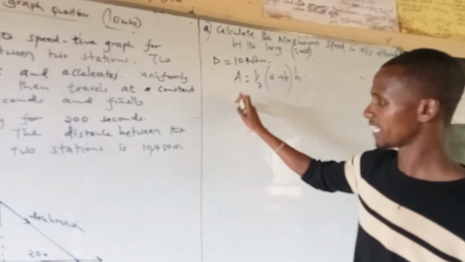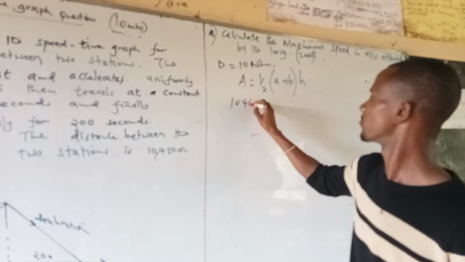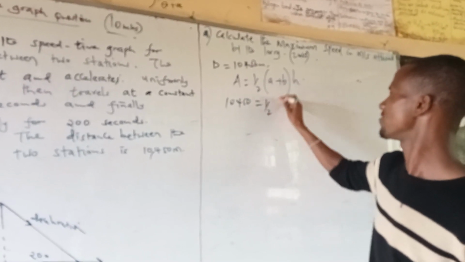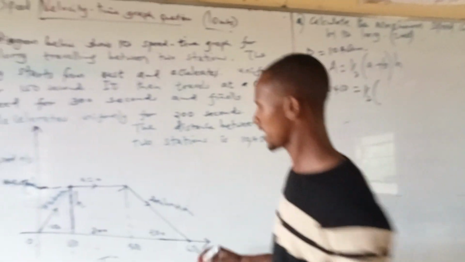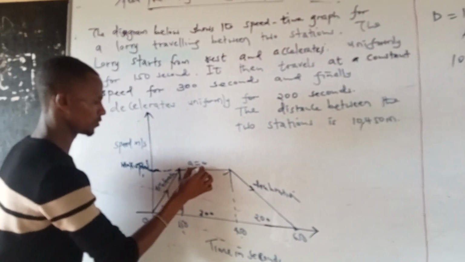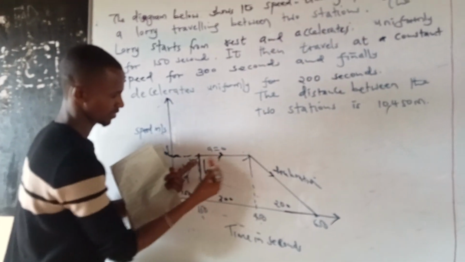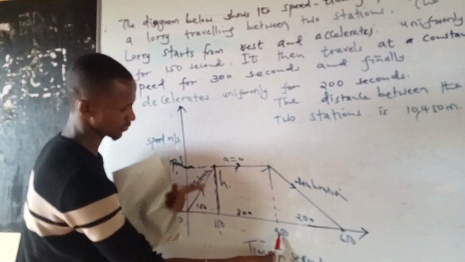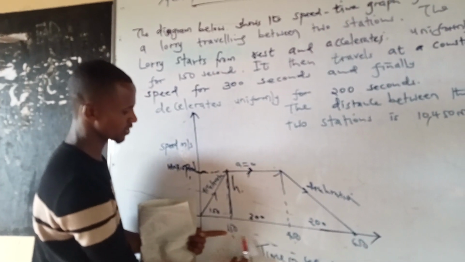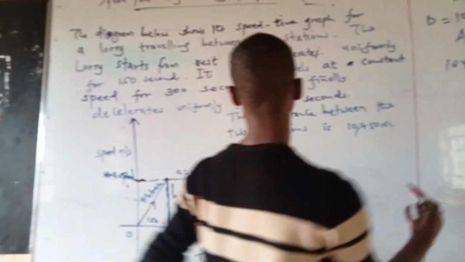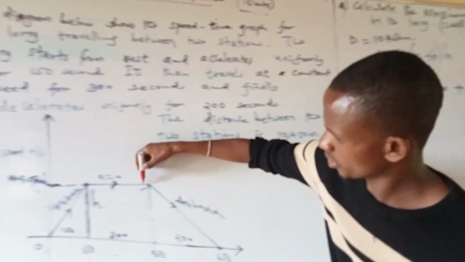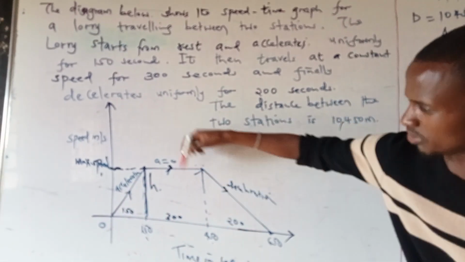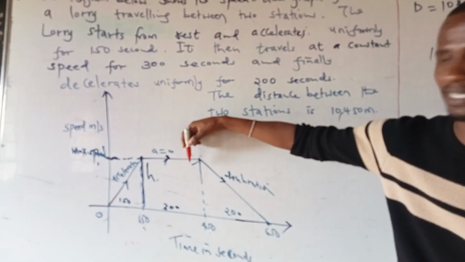Okay, so our area, 10,450, is equal to a half multiplied by, in bracket, a here, which is now the change in time, not acceleration, but it is 450 minus 150, which is 200. Okay, so it is 200 plus, because we know that these horizontal lines are indicated by time.